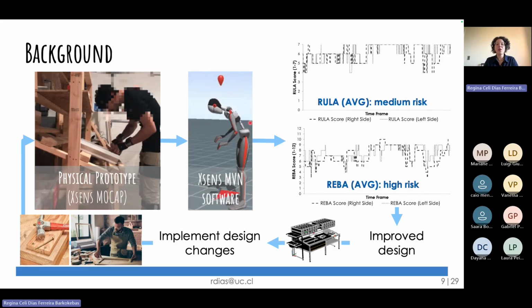And if we could use the 3D modeling to create a virtual environment and test in this virtual environment, it will be easier to change, for example, the angle or the height of a table, because everything is in the computer and it's modeled in a parameterized way, and then we can easily implement this change. So that's the motivation for this study.